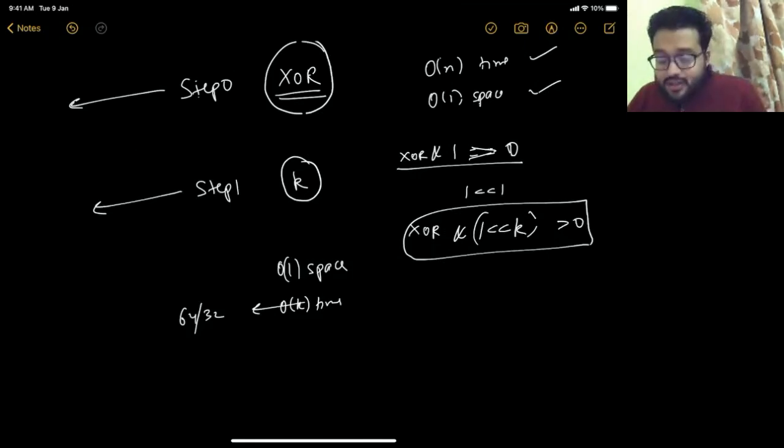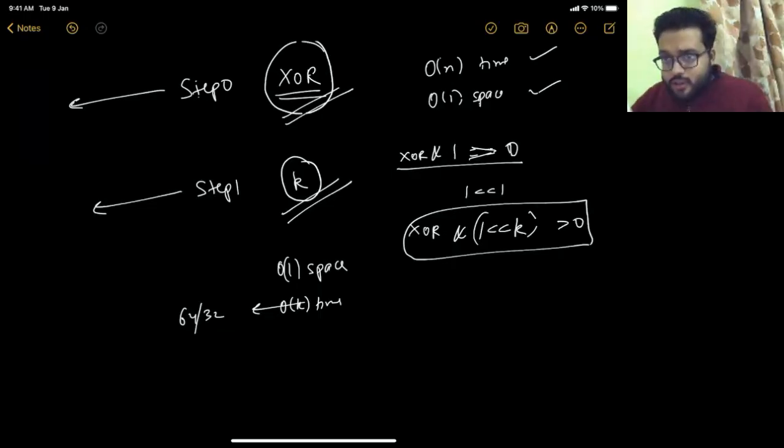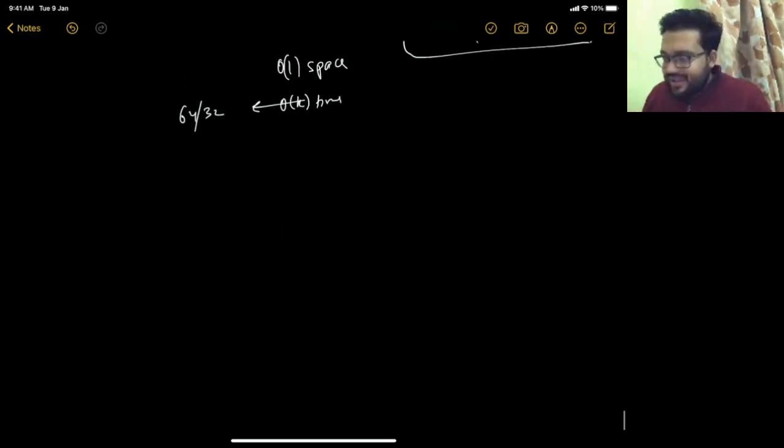So what will I do? I will say for i from 0 to n minus 1, that is, I'm traversing my array. I want to check if the kth bit is a 1 or a 0. Isn't that correct, guys? So what can I do?